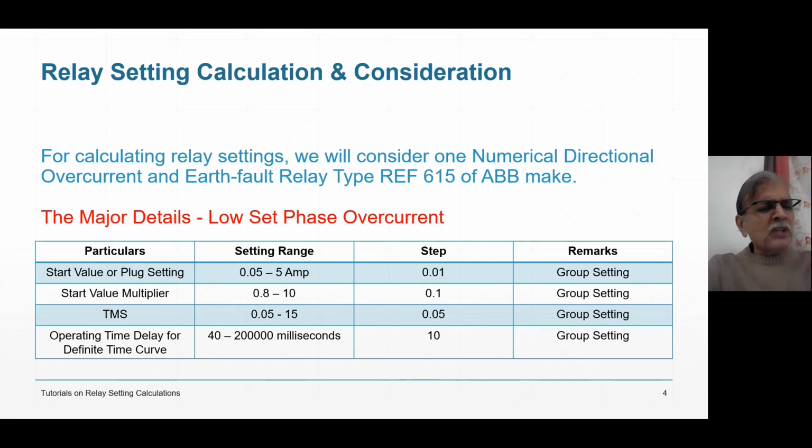Siemens is also manufacturing a numerical relay. They are also giving similar setting range. Here or there may be some difference, but basically the relays are same. Some facilities may be different here or there, right?